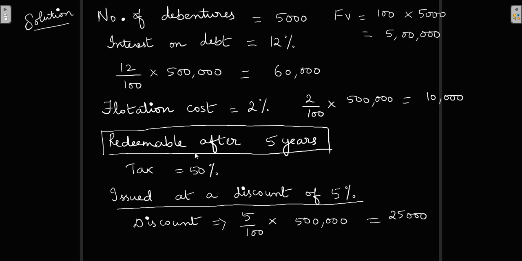And since it is mentioned redeemable after 5 years, we have to make a note of it when we are calculating the annual cost. So tax is 50%. Issued at a discount. So discount, if it is 5%, then how much should we deduct from the face value is 5% on 5 lakhs, which is 25,000.